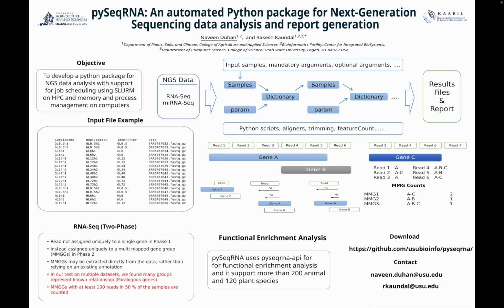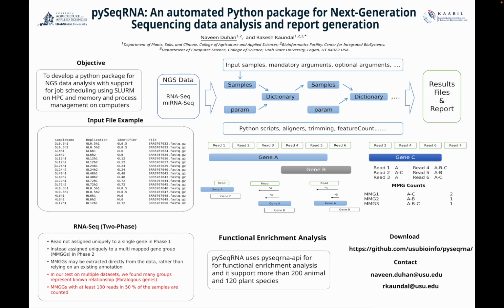A user can provide the input sample, mandatory arguments like reference genome and feature file, and optional arguments like which tool to use. And it takes that information from the user.